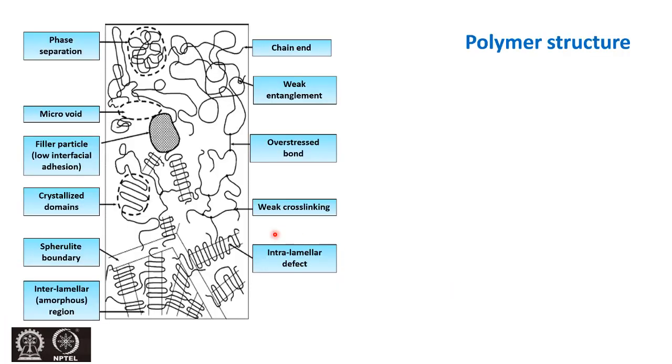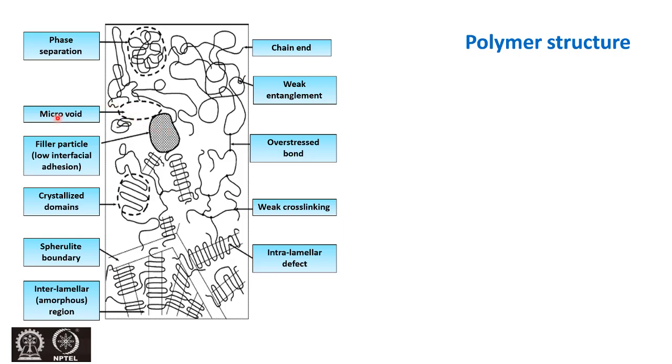So these polymer structures have different regions. When we are talking about a polymer, we have a lot of different domains. Suppose we have an interlaminar or amorphous region, then we have a crystallized domain, that is crystalline. Then we have spherulite boundaries. Then we have filler particles that have very low interfacial adhesion.